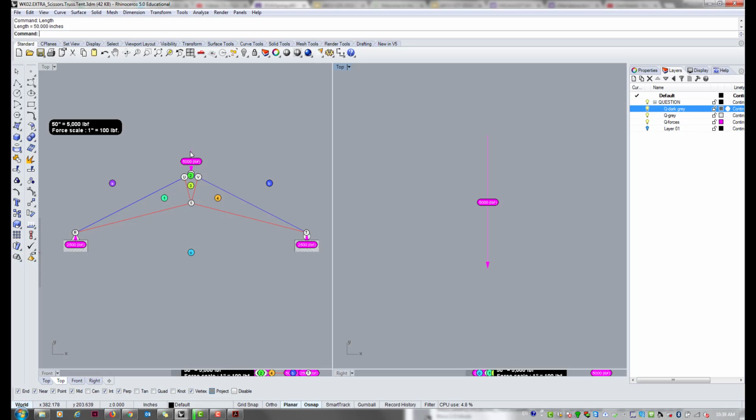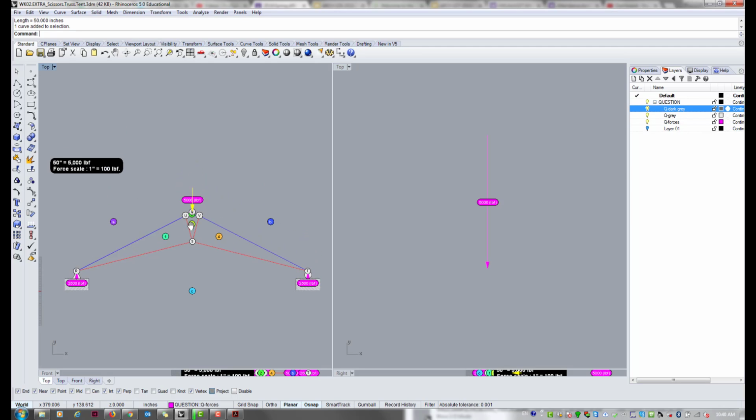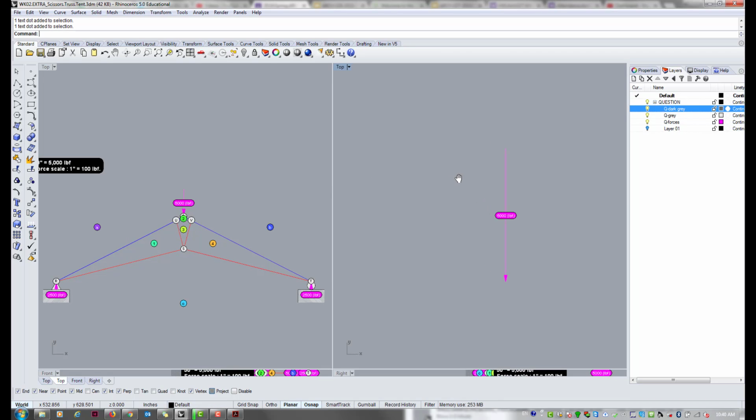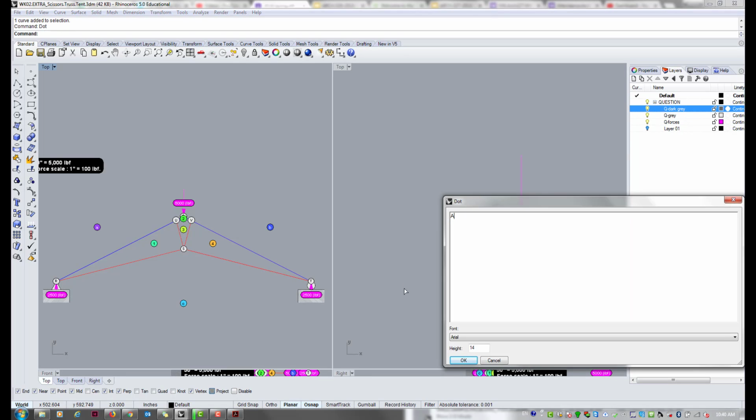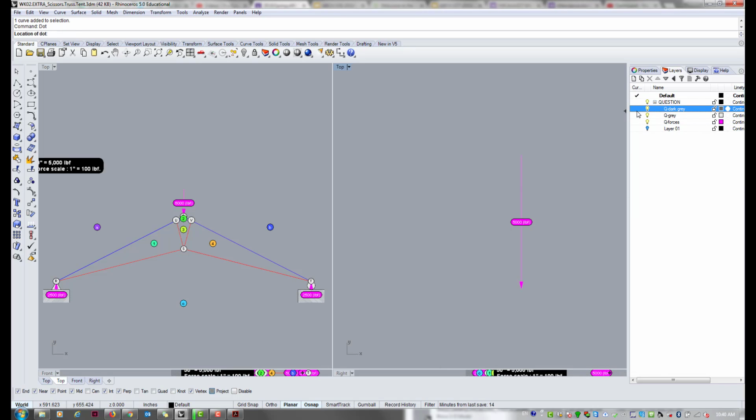This one is between zone A and zone B, so I'm going to name this force AB. Therefore, the start point is A and the end point is B, because it's between A and B.